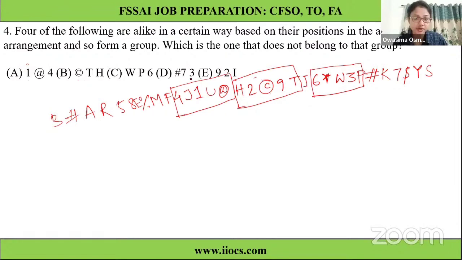Next #73. So this is the group, 773. Next 92I. Where is 92I? So this is the group.